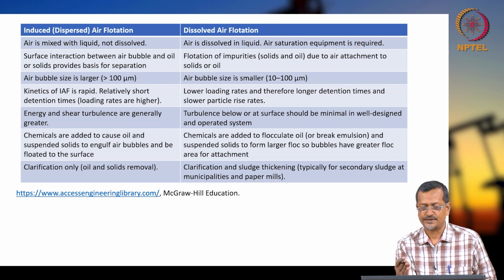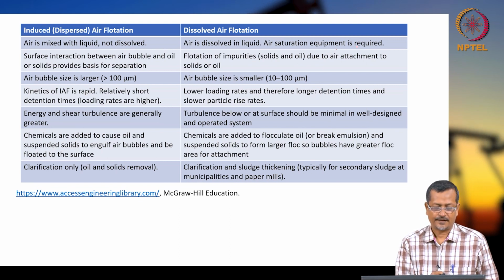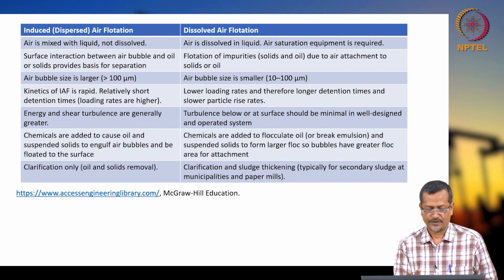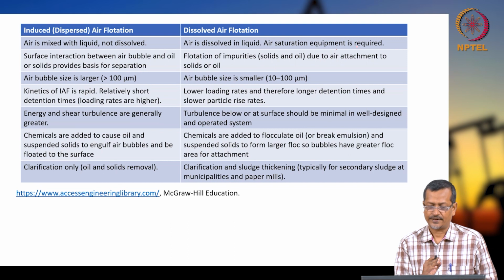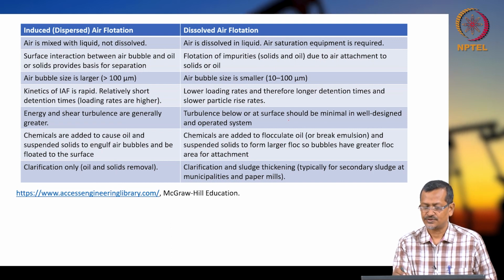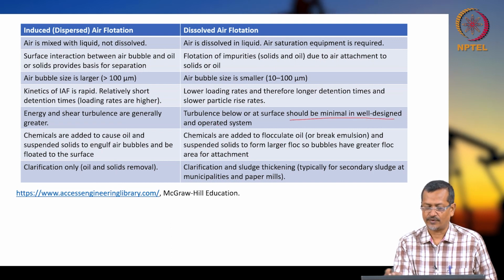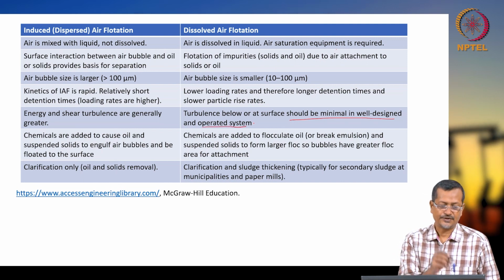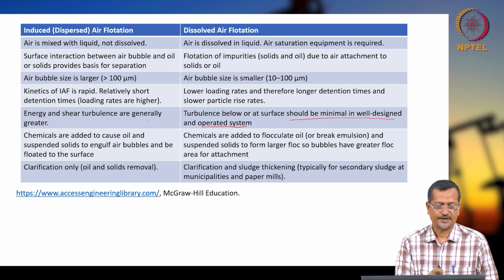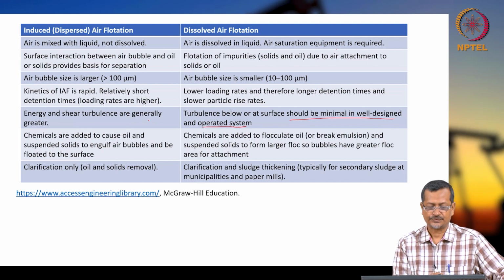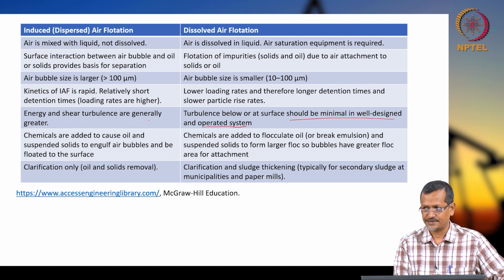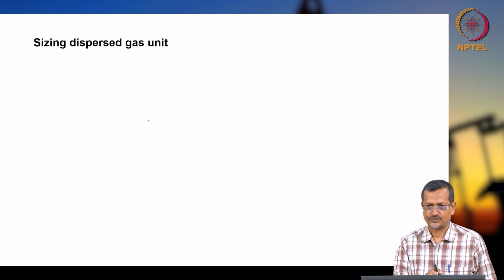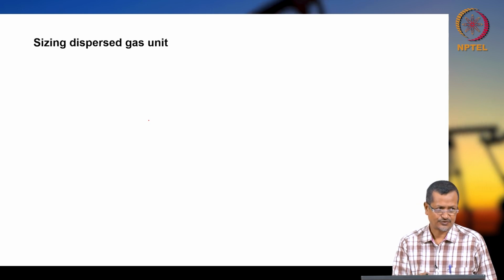Sometimes chemicals can be added, in dissolved gas also. Turbulence below or at the surface should be minimal in a well designed and operated dissolved gas system, but in the dispersed system, energy and shear turbulence are generally greater. So try to remember these differences. Okay, thank you very much. We'll start the next lecture, next topic.